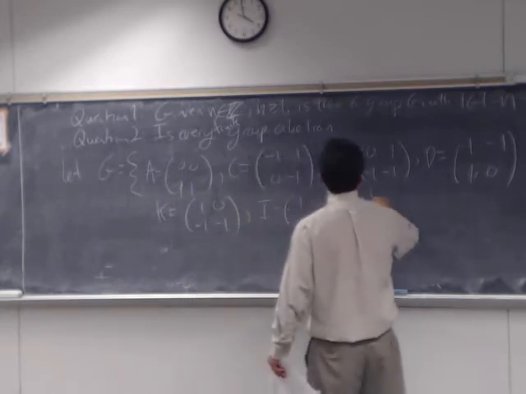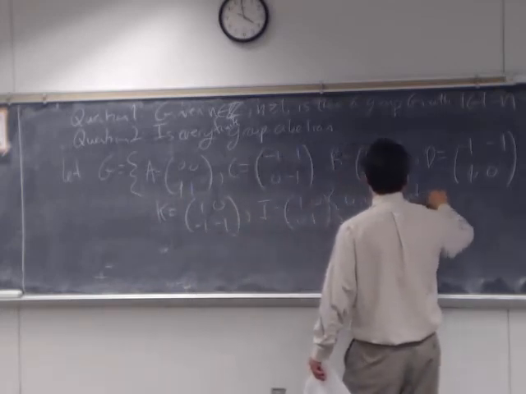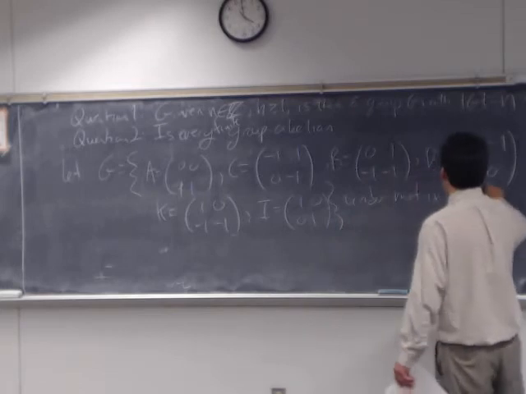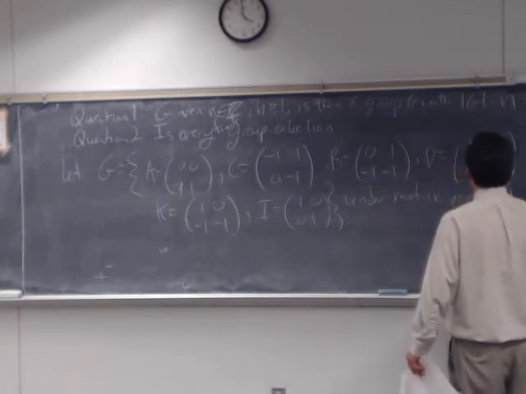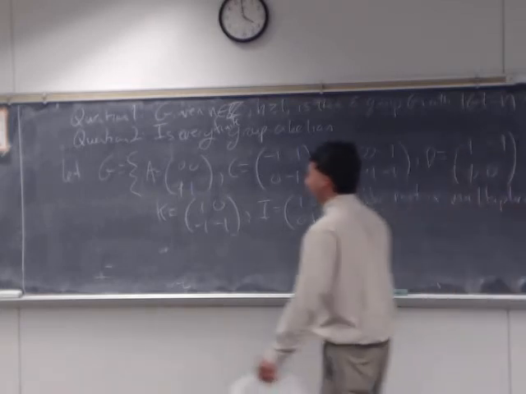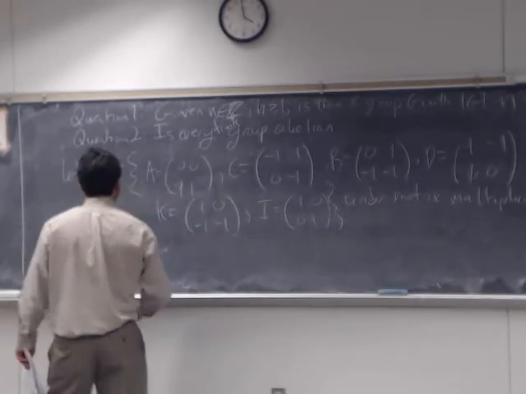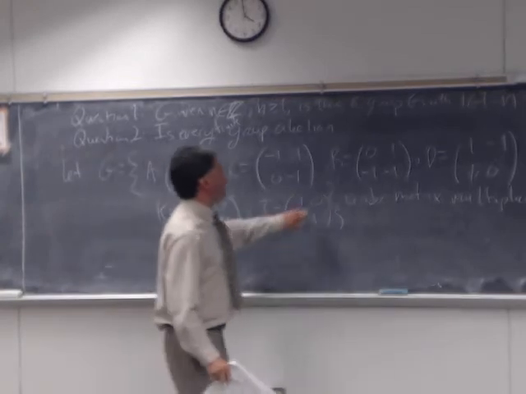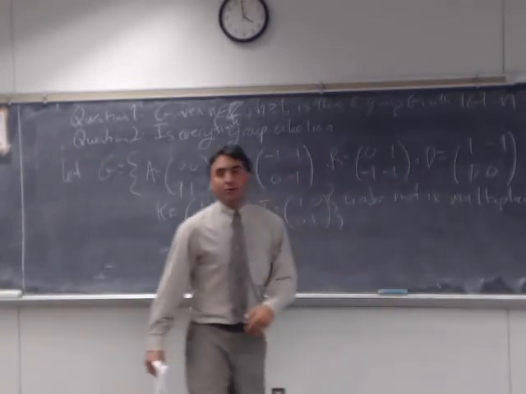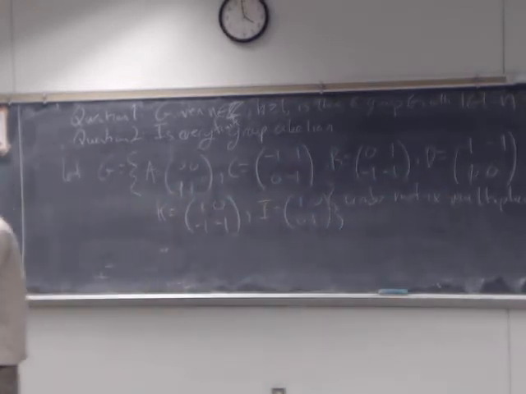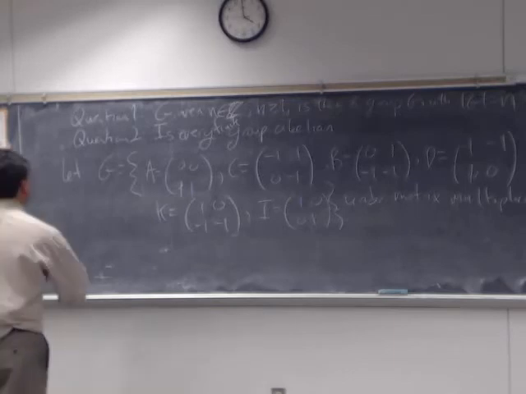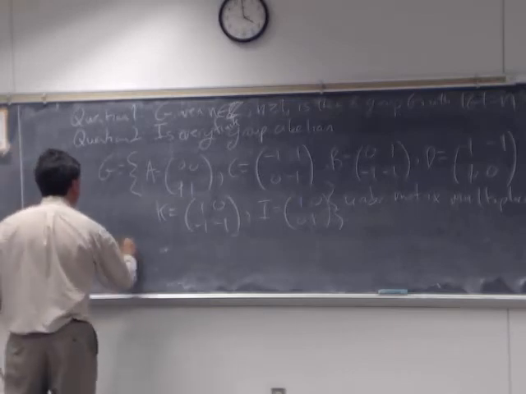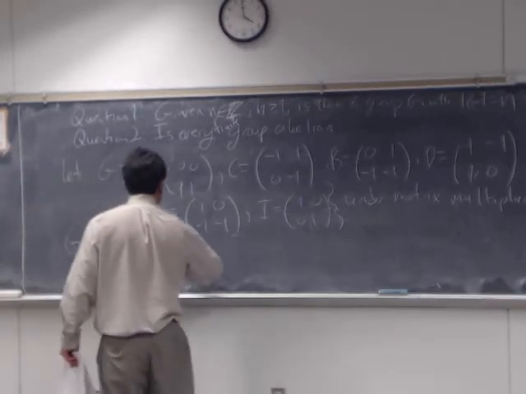And again, that's under matrix multiplication. We recall that I, B, and D, those 3 elements themselves formed a group of 3 elements, and that group was abelian. So G is a non-abelian group.